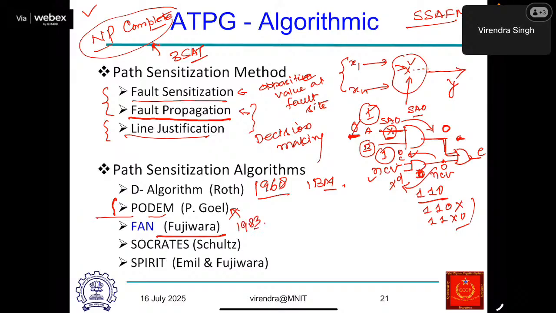That became the fanout oriented test, which is called the FAN algorithm, which became almost 100 times faster than PODEM.